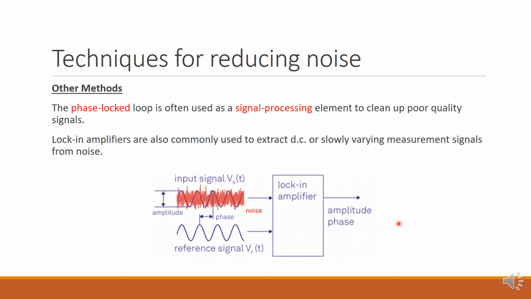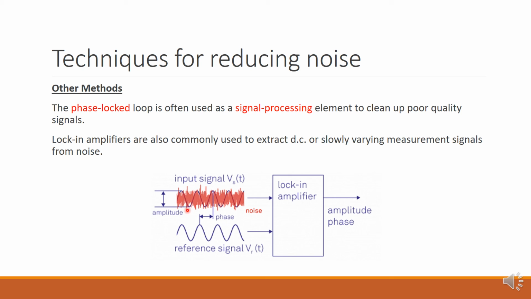Another technique for reducing noise is introducing a phase lock loop in your signal processing element to clean up the noise that gives you poor output signals.